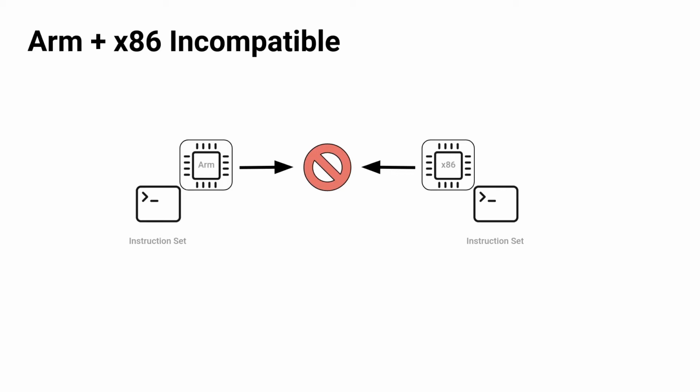That's one of the reasons why you can't use an x86 architecture, kernel or applications with an ARM processor. It will not understand the application, because the application is built for a specific instruction set, and you can't mix and match those.